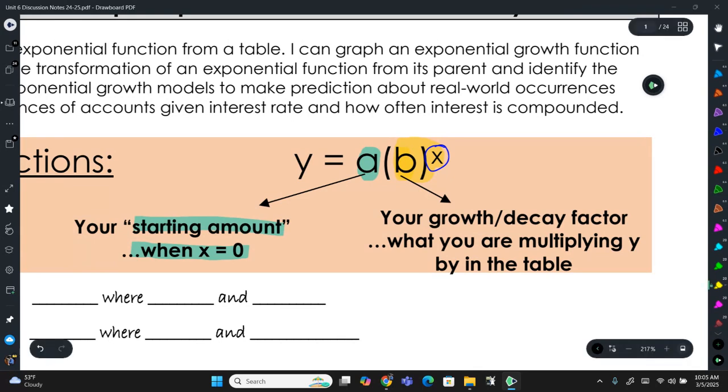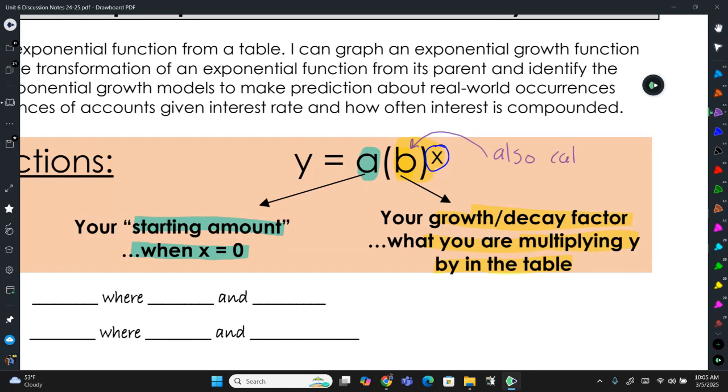And this b value, that's the growth or decay factor, or what you're multiplying by y in the table. And we'll look at that in a moment. This b value can also be called the growth or decay rate.